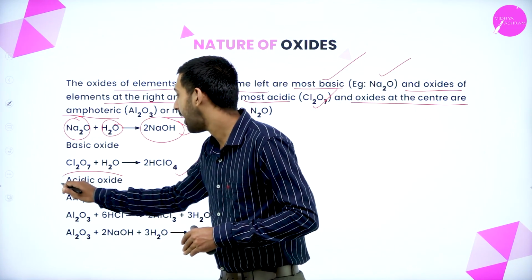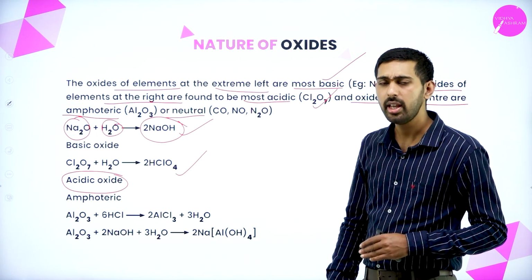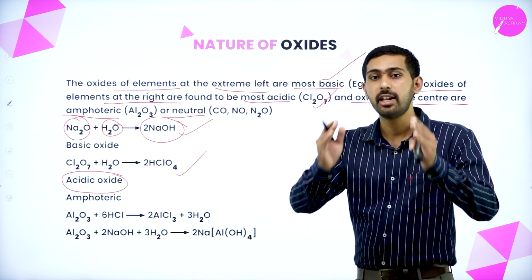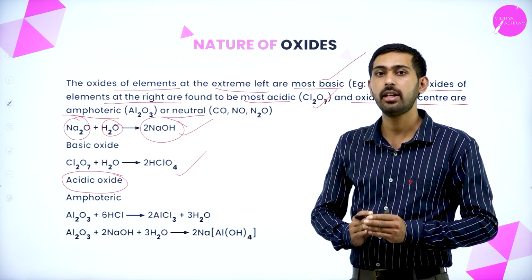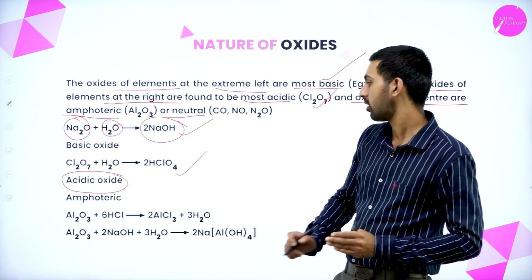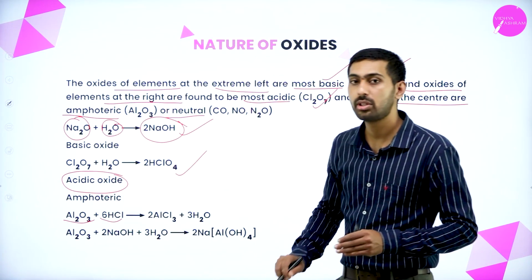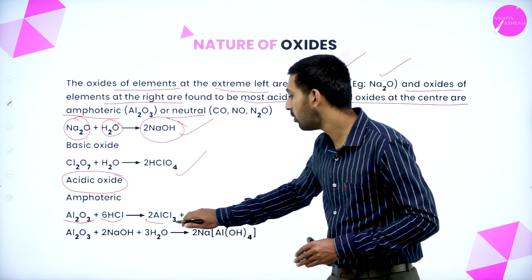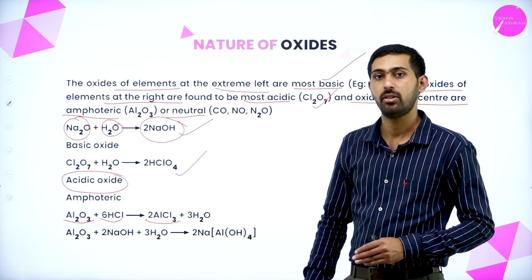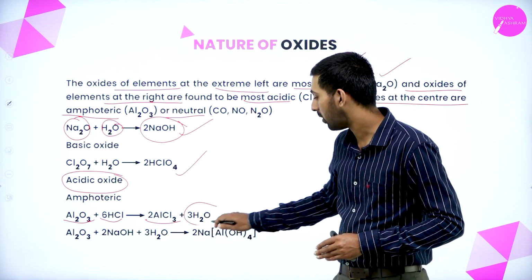So they are called acidic. Next, elements at the center of the periodic table are amphoteric in nature. So Al2O3 reacts with HCl to form aluminium chloride and water.